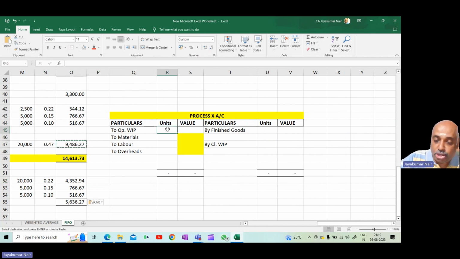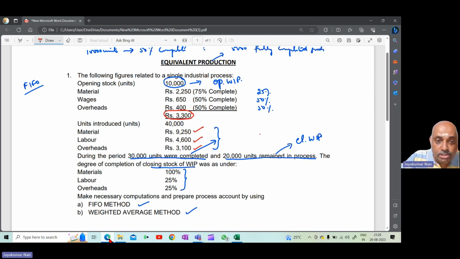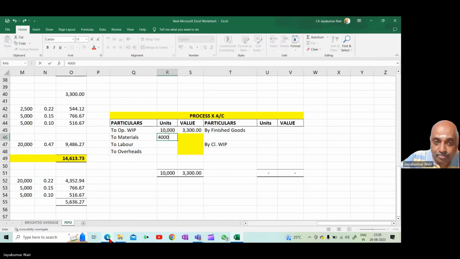Your opening stock, you had 10,000 units. The value of your opening stock was 3,300. Correct? Materials that you have introduced during this particular period, units introduced is 40,000.